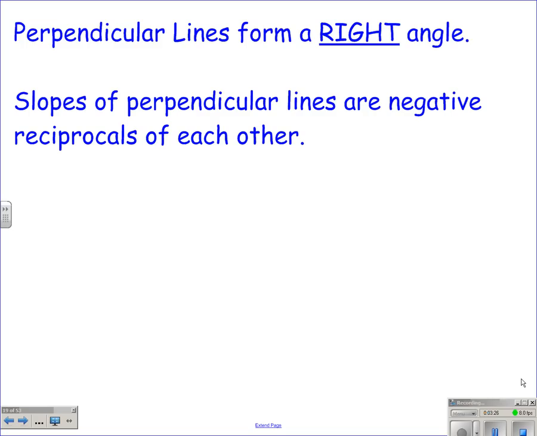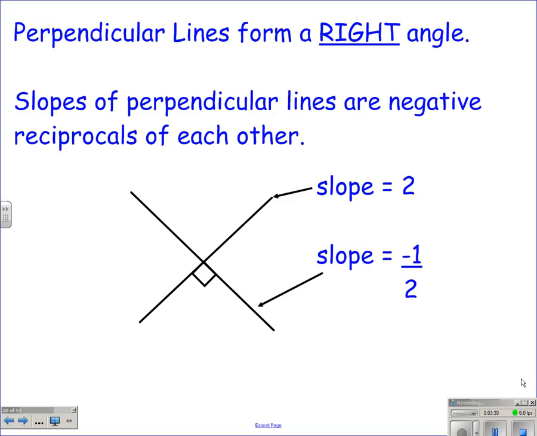This is an important piece about perpendicular lines. We know that two lines that are perpendicular form a right angle, and the slope of one might be 2, but the slope of the other one then has to be negative 1 over 2. So they have to be reciprocals of each other, and one is the opposite of the other. That is called a negative reciprocal.